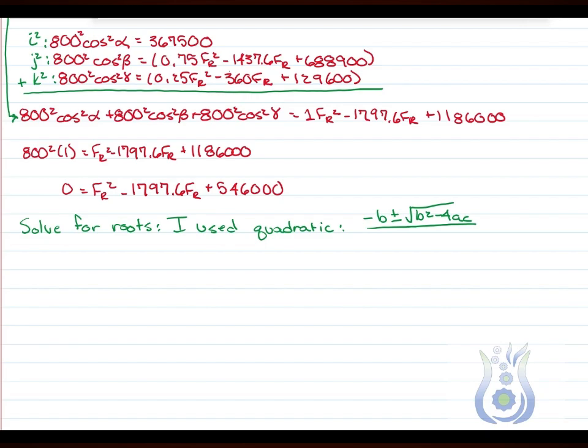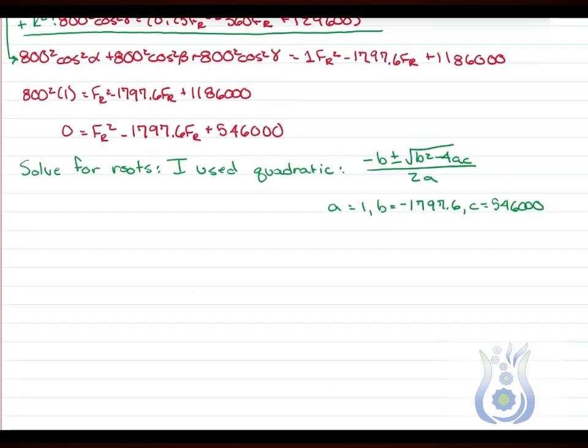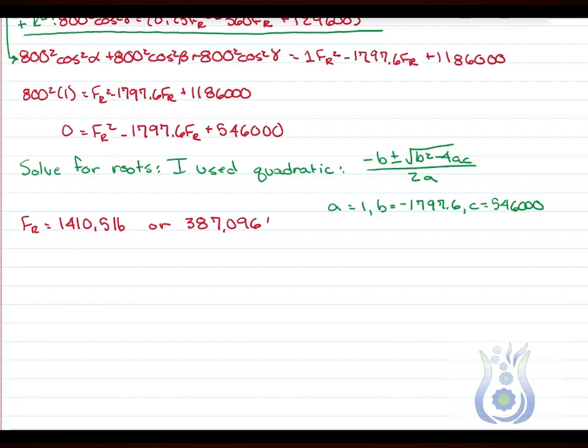The first will be 1,410.5 pounds, and the second will be 387.096 pounds. So again, if you're using the quadratic equation, your a will be 1, your b will be negative 1,797.6, and your c will be positive 546,000.